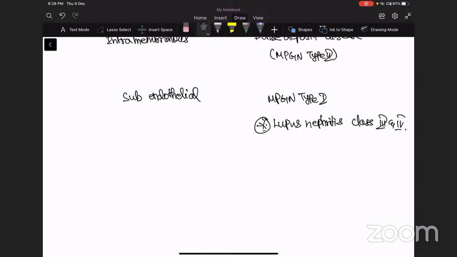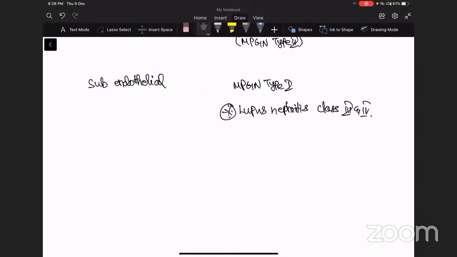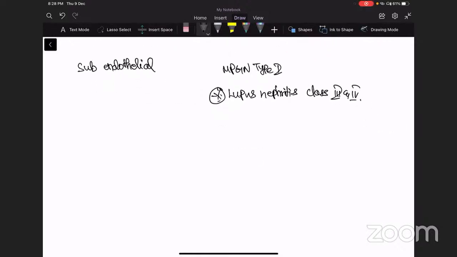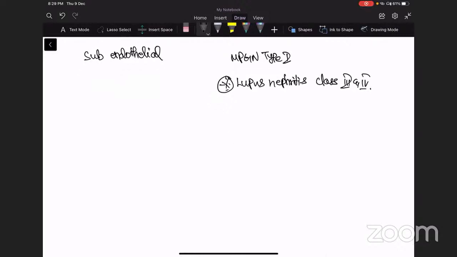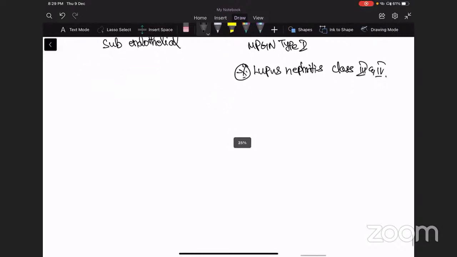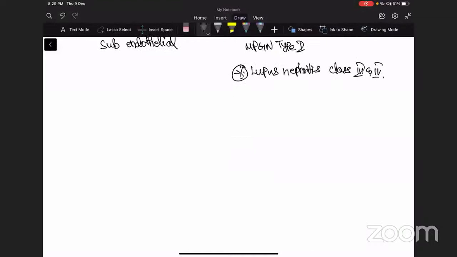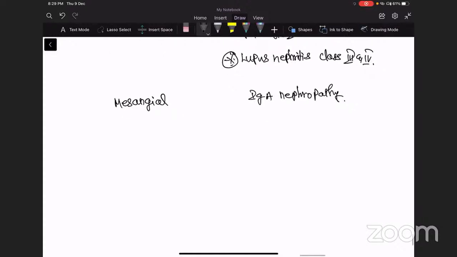This is very important. A possible question: lupus nephritis involves deposits at which site of the nephron? Subendothelial. Then we have mesangial deposits seen with IgA nephropathy in Henoch-Schonlein purpura.